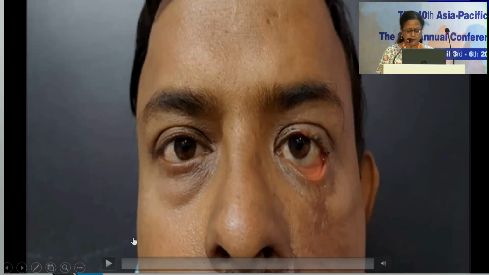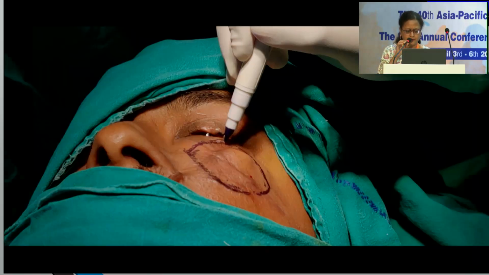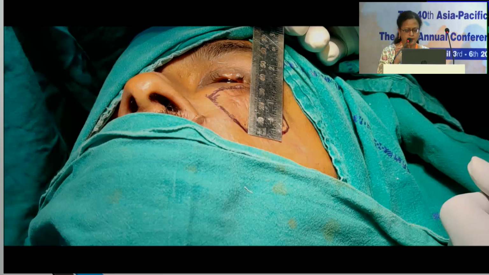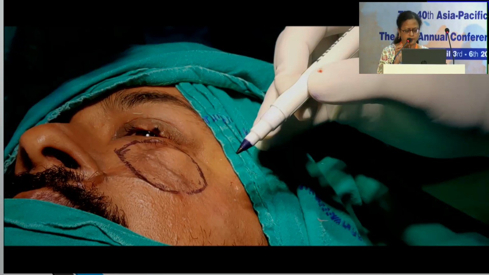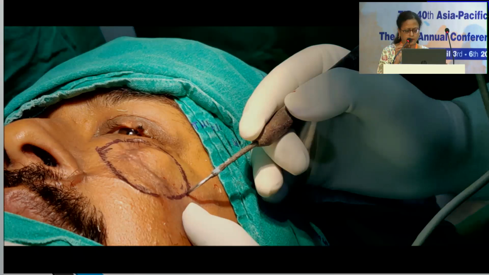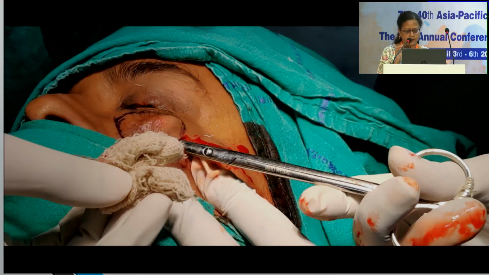Now this is another video, a few clippings. The scarred area, comparing both the eyelids. We measured the area. Insertion of the tissue expander.